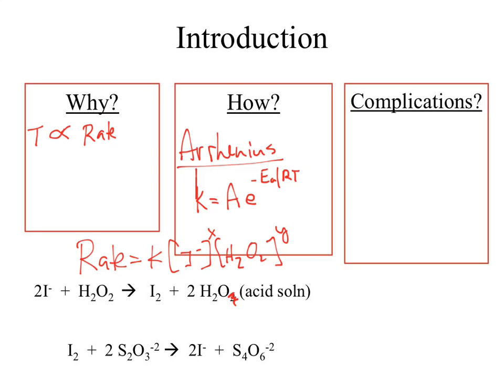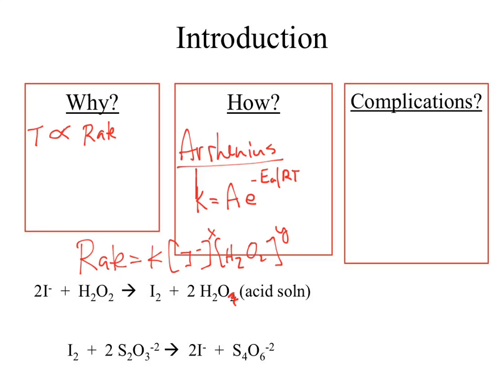Okay? So now we'd go back and say, okay, what can we do? Can we monitor the temperature? Yeah. Can we determine the rate constant? Kind of, sort of. How would you determine the rate constant? Equilibrium constant is products over reactants, so we can't do that.